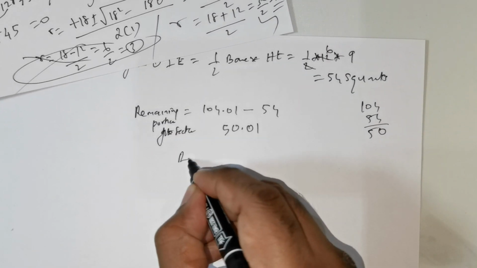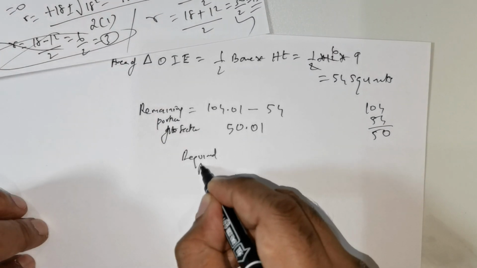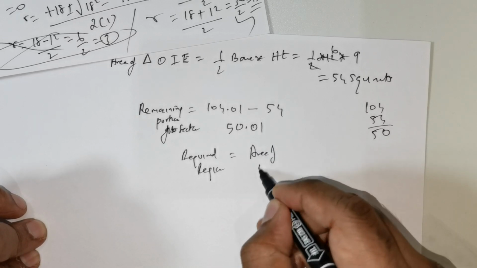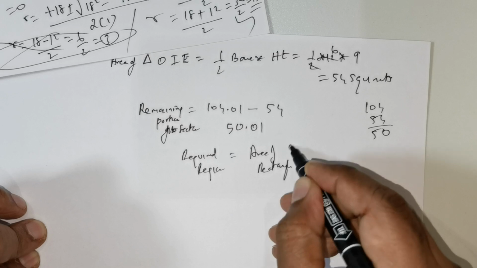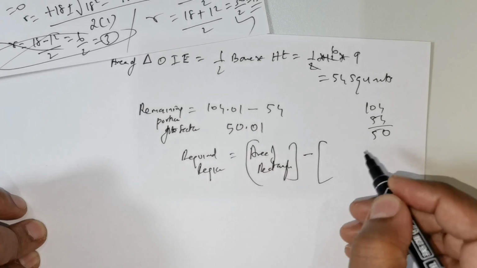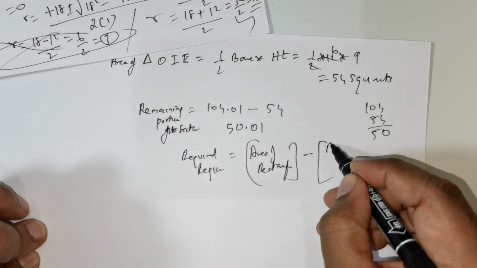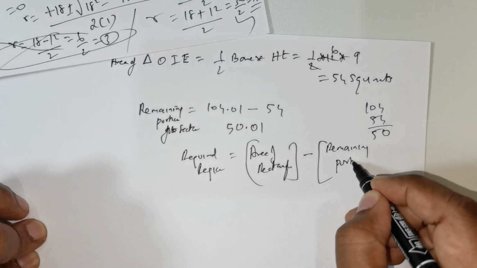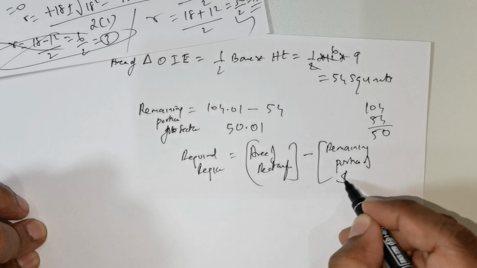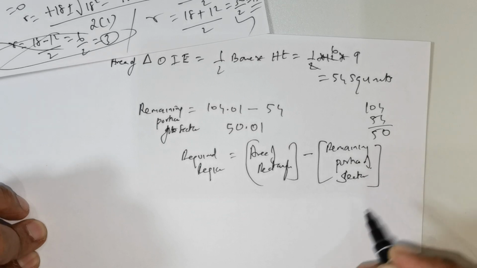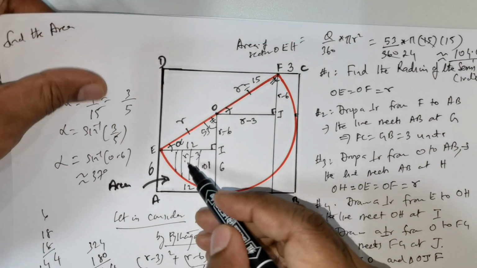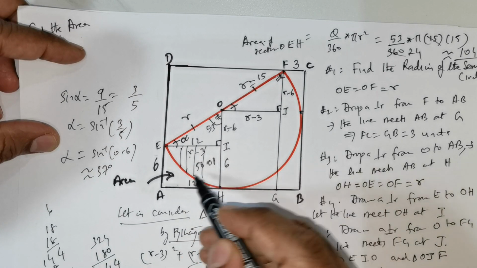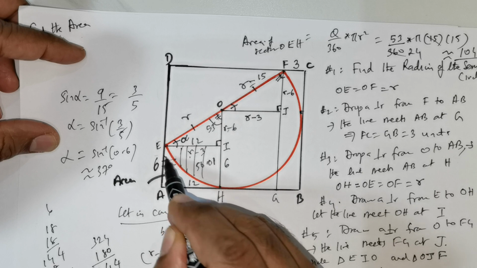Now what is the area? So required region is equal to area of the rectangle. From area of the rectangle I have to subtract the remaining portion of sector. So this has to be subtracted. From the area of the rectangle I subtract this portion, I will get this portion.